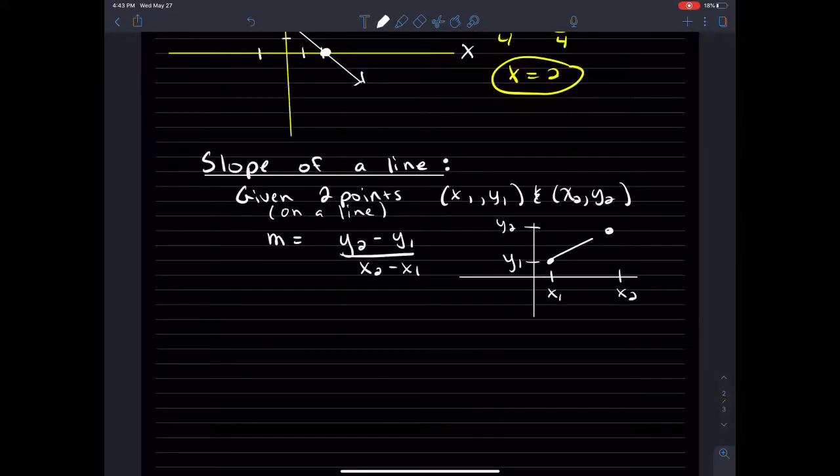It's pretty much measuring rise over run. That's your distance of your y, and this is your distance.